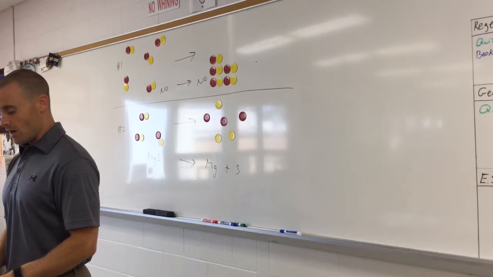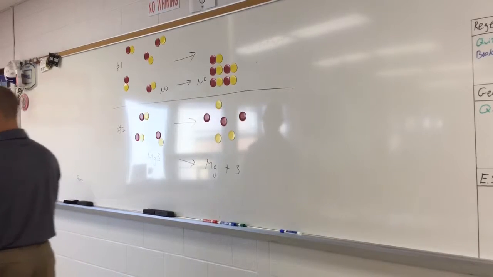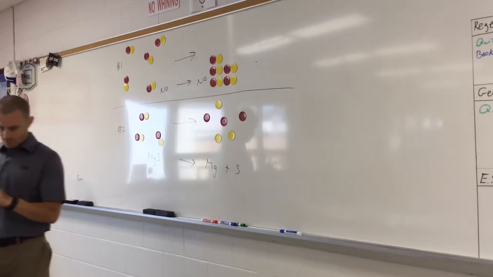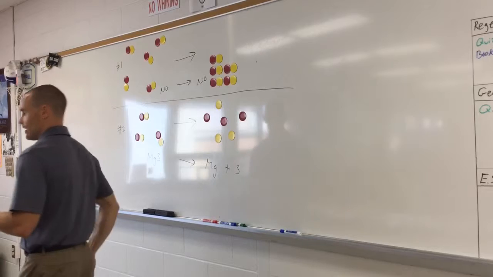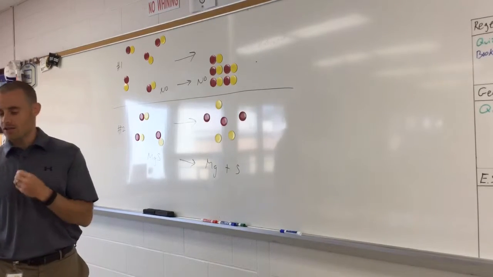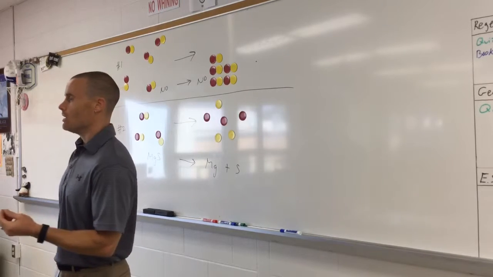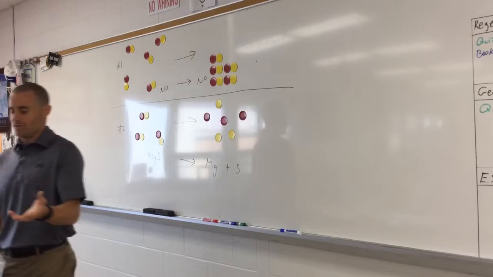Back to this. Grass growing in a lawn. That's definitely chemical, right? Hopefully you understand that. The roots absorb the nutrients, water, nitrogen, other good things. And whatever's inside grass is changing, allowing the grass to grow. So let's say you start with seeds.